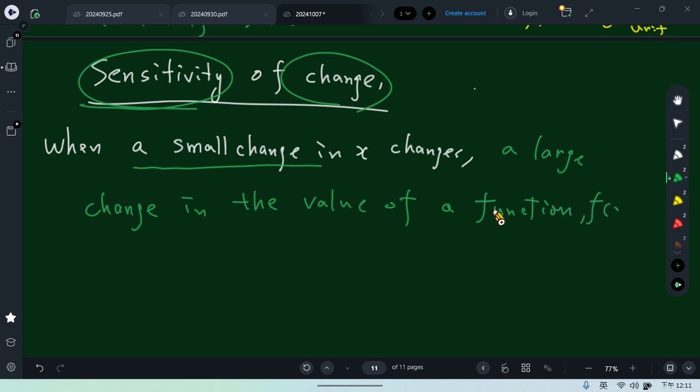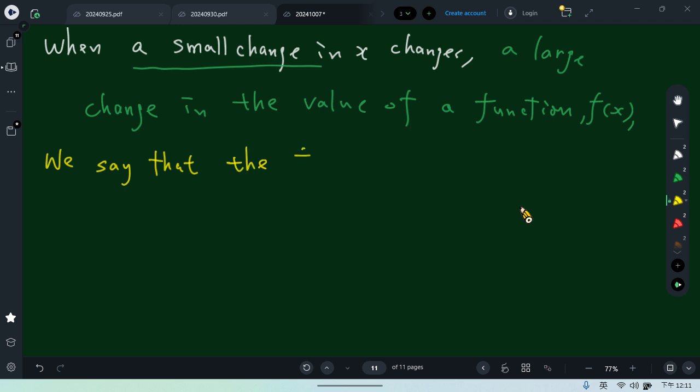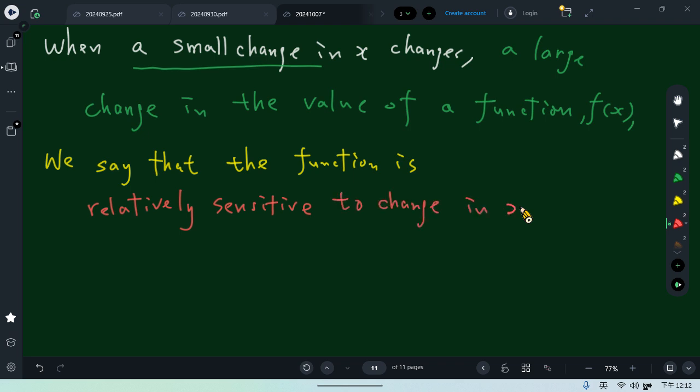No worry, this part is just a concept about derivative. In this case, we will say that the function is relatively sensitive to change in X. That means if you have a small change in X, you can produce a lot of change in f of X. That means the function is very sensitive.